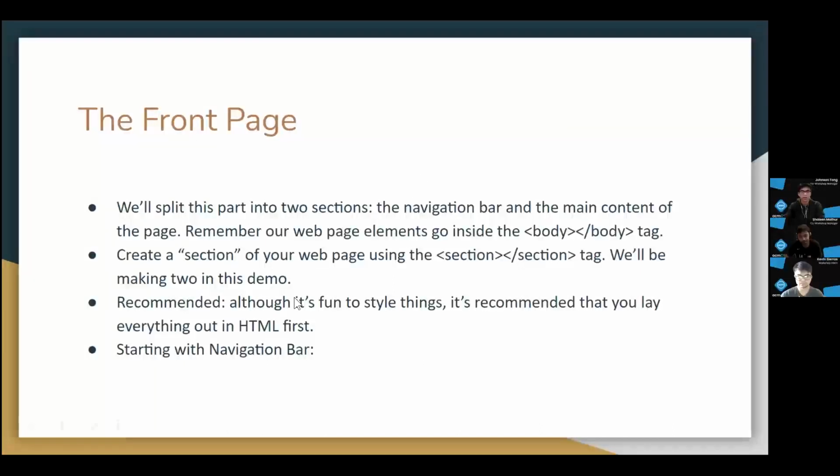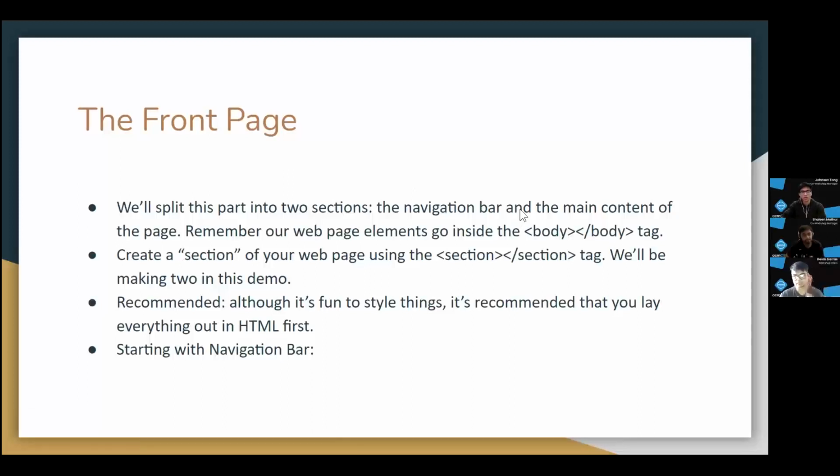Okay, we'll start off with the front page. We'll split this part into two sections: the navigation bar and the main content of the page. We should also remember that the web page elements should go inside the body tags. First thing we're going to do is create a section on your web page, which is pretty self-explanatory.